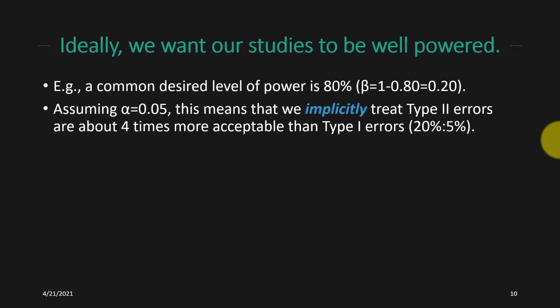If that ultimately turns out to have been a false positive decision, that's a really costly error to make. So we're generally going to be more concerned about the alpha level than the beta level. So we'll keep it a little tighter at 5%, and in contrast, the beta level is a little bit higher at 20%.